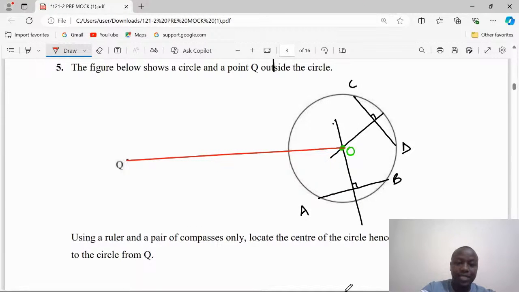So we identify the center of OQ somewhere here. We can call it center X.